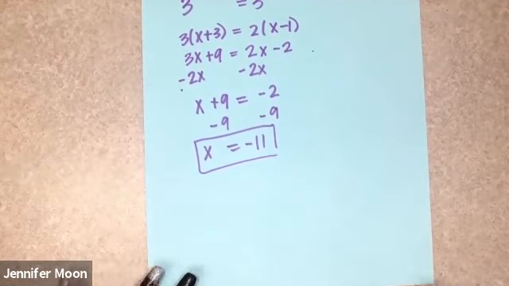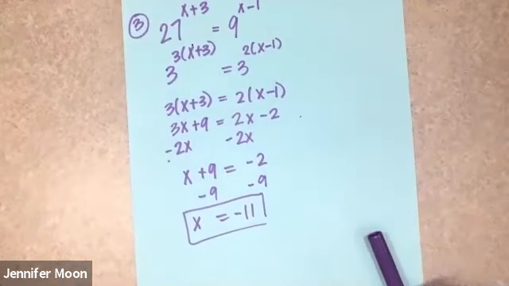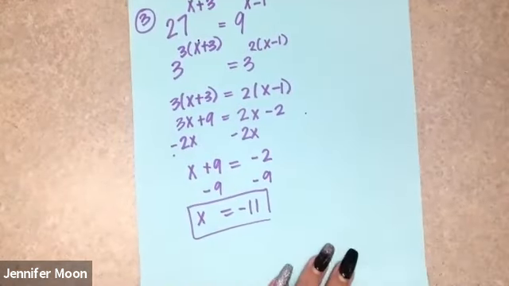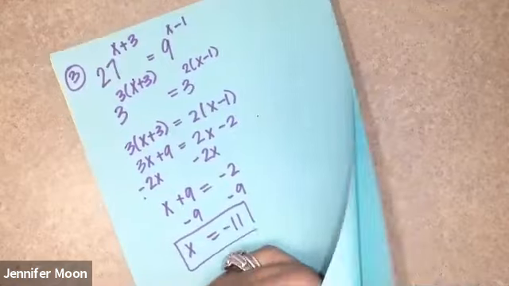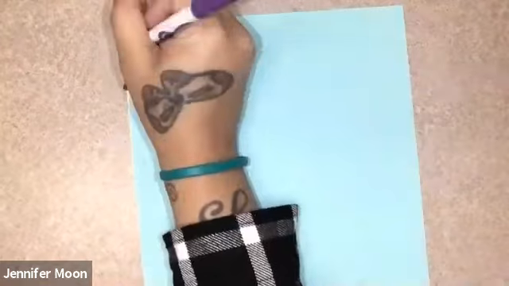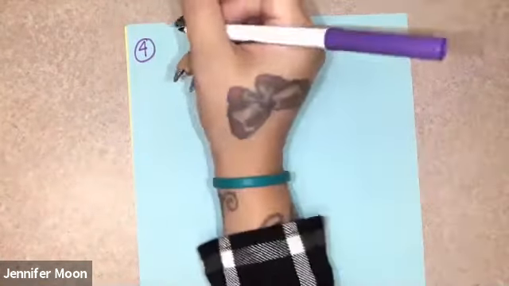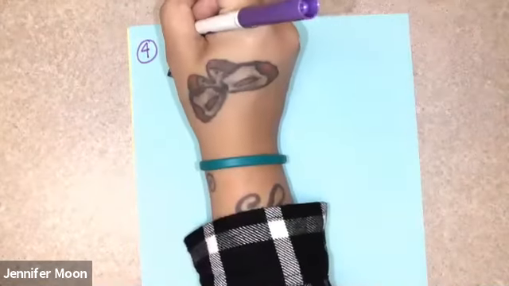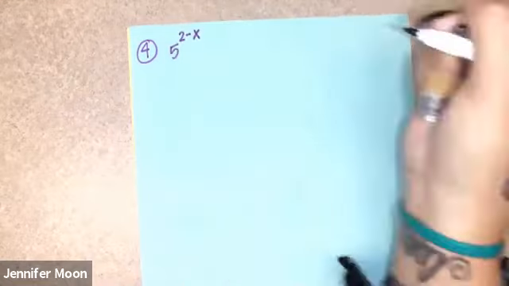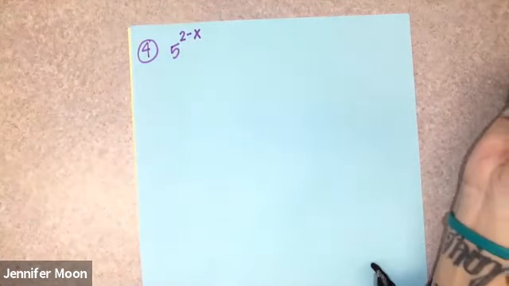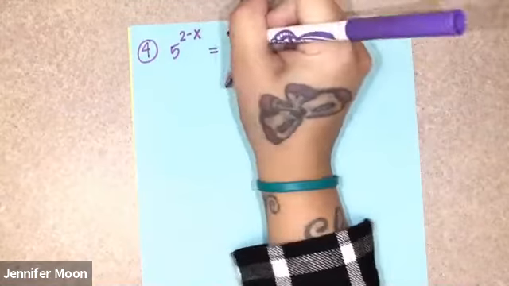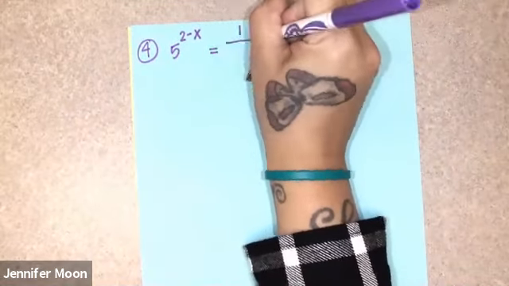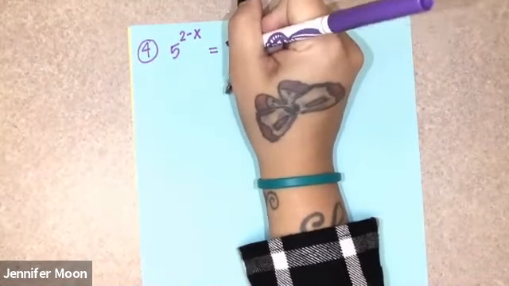Okay, let's do this fourth problem. I have 5 raised to the 2 minus x power, and I have that equal to 1 over 125.